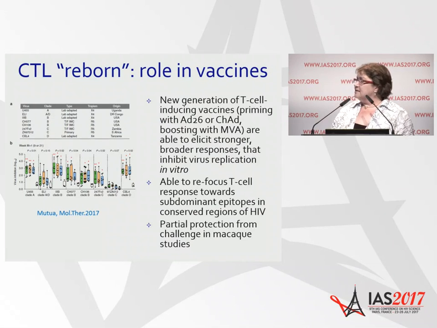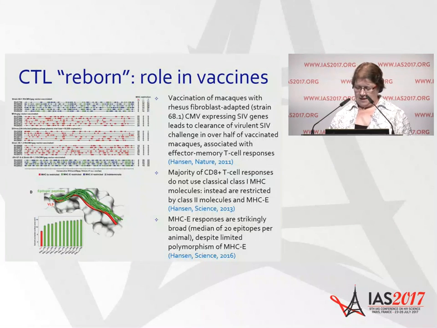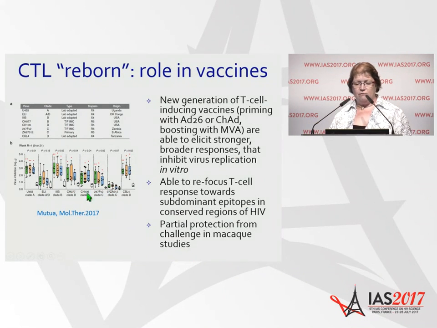In vaccines, again, we've heard at this meeting, particularly from Dan Barouch and Tomáš Hanke's groups, that these newer generations of vaccines, far advanced from the original Merck vaccines, with priming with particular strains of adenovirus and boosting, perhaps also with protein boosting to produce antibodies, are able to elicit much stronger, much broader responses that, in this panel here, you can see inhibit viral replication in vitro of several different clades.